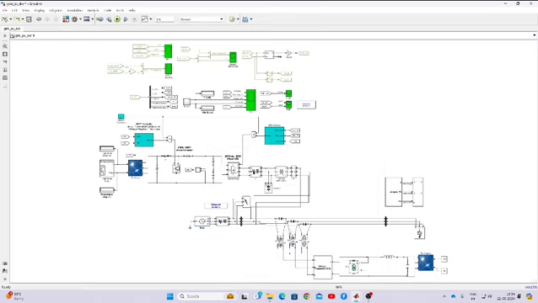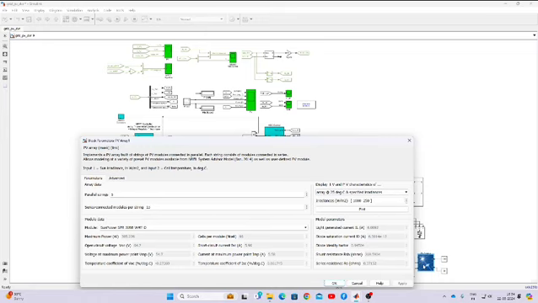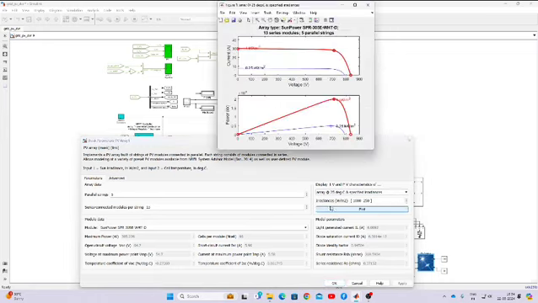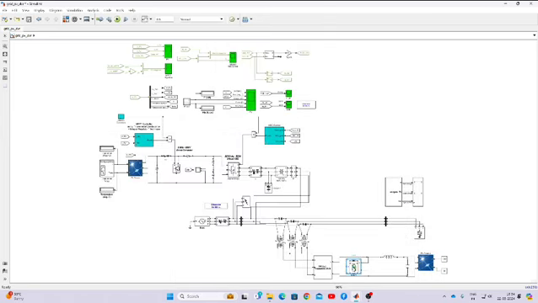And here we have the DVR. The DVR is supplied from the PV and battery. Here the PV rating is around 20 kilowatt, around 19.84 kilowatt, operated at 711 volt, and that is connected to the battery.